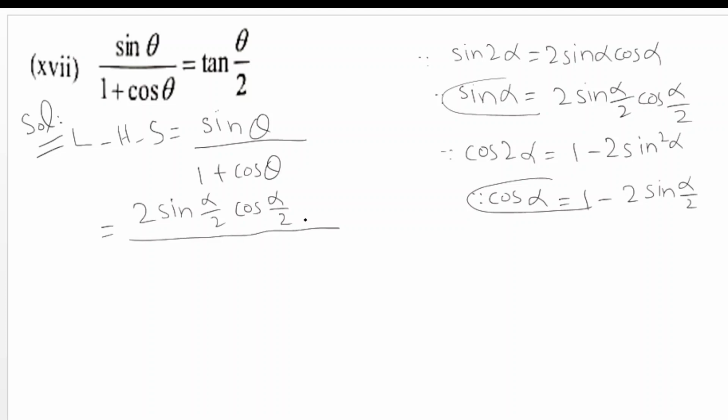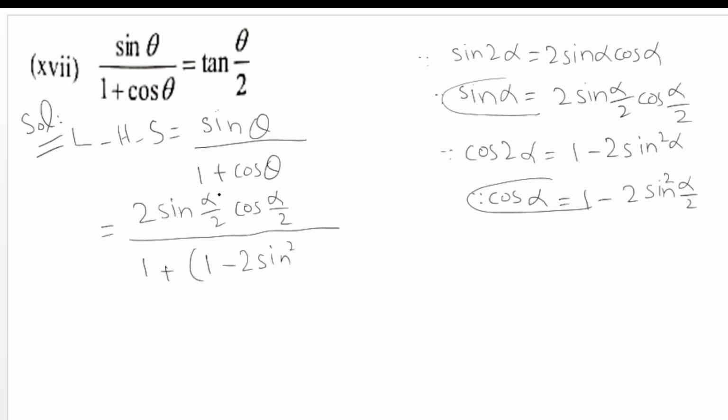Here add down 1 minus cos theta. We need to put the formula in place of cos theta. So 1 plus cos theta will be equal to 1 minus 2 sine square, here sine square.